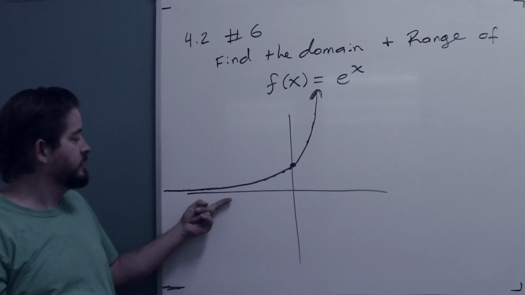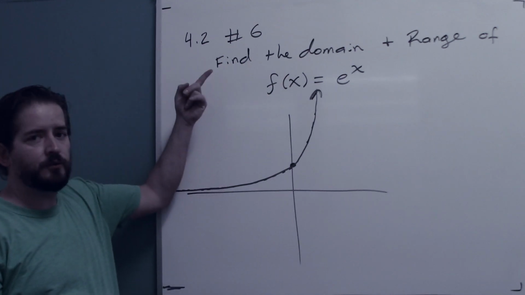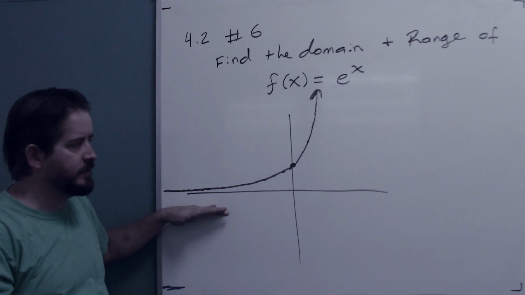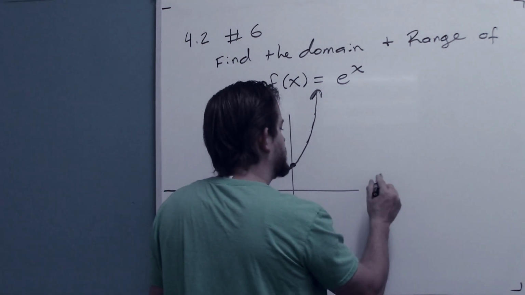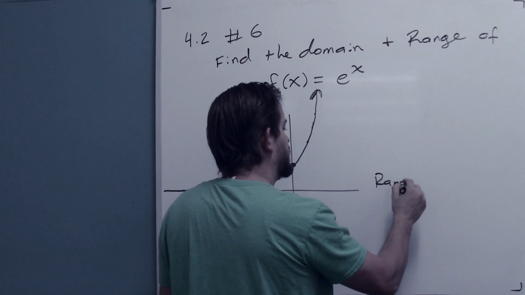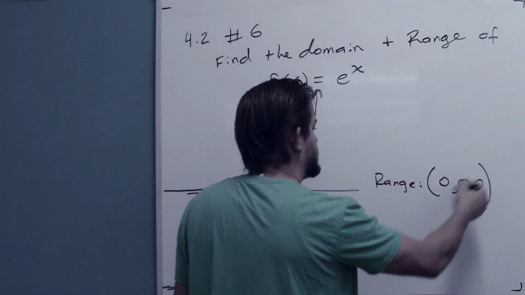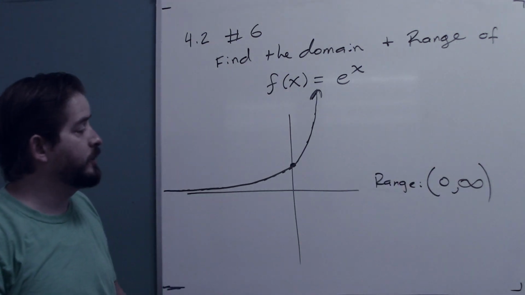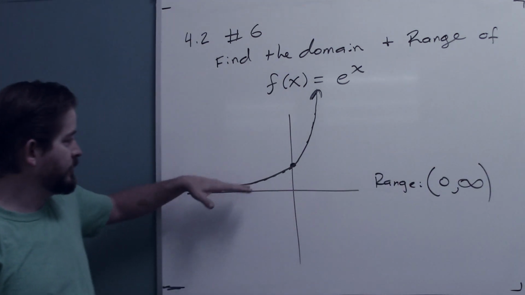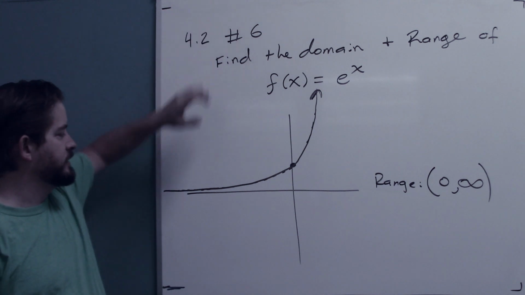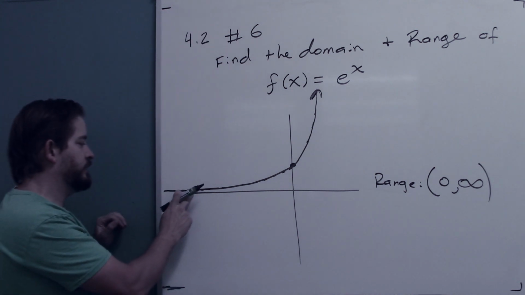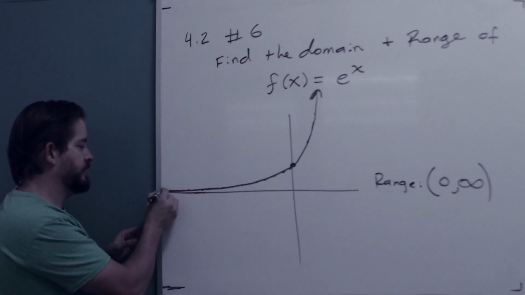So e to the x has a range of 0 to infinity, but since it never actually touches 0, that range is open on the left. And of course, infinity is always in parentheses, so my range is 0 to infinity. Simply because I cover all of the positive numbers, I go very, very close to 0, but I don't ever actually get there.